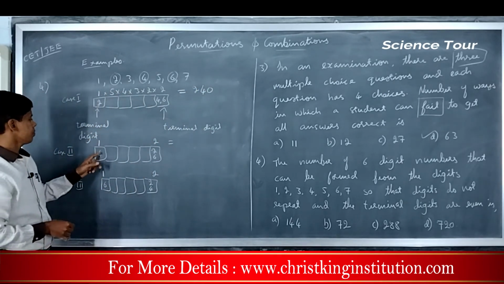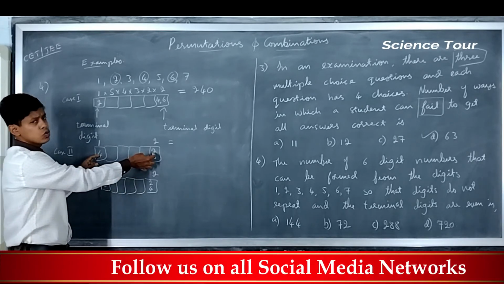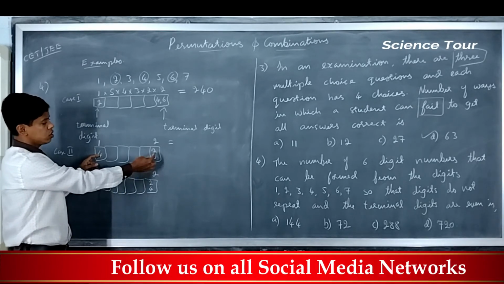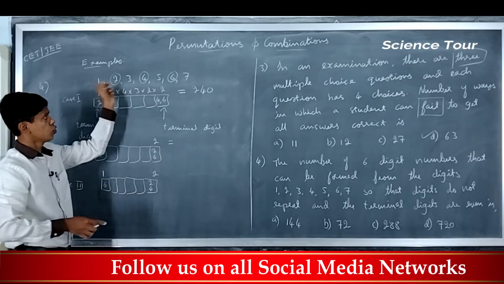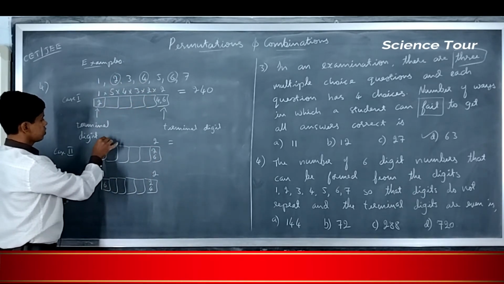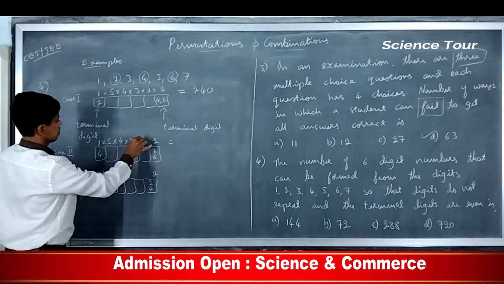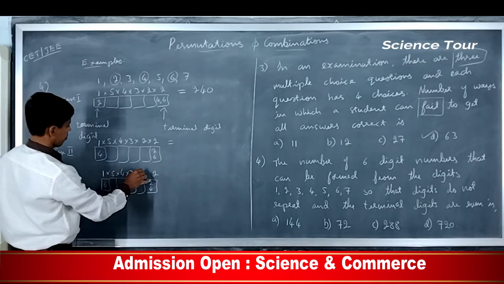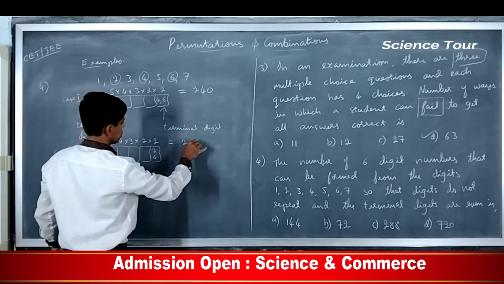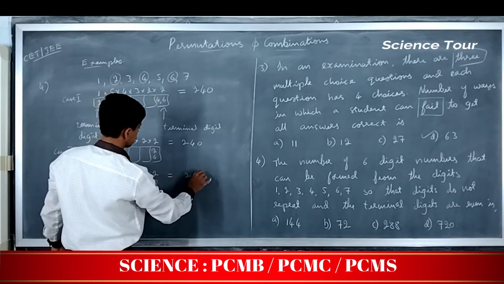Now similarly here you have taken 4, you have taken 2, let us say, so 2, or you have taken 6, any one. So you have taken 2 digits out of those, you have got 5 options. So which is same here also, it is same. Okay, so this is 240 and this is also 240.